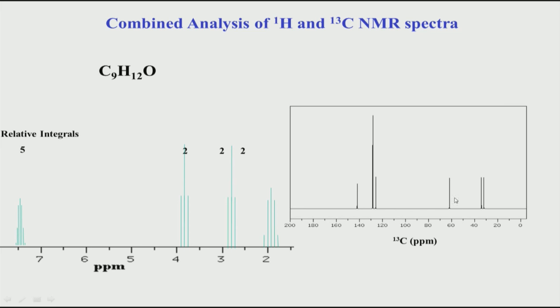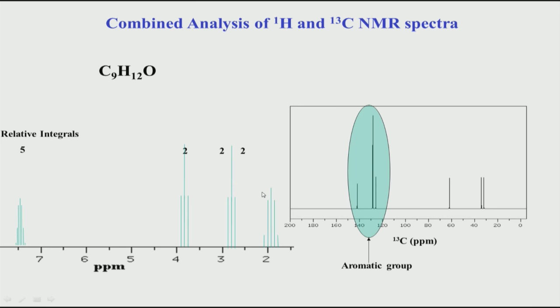Similarly, here also this peak which is between 60 to 70 is again a CHO kind of moiety in the molecule, and this quartet and triplet could be an ethyl group CH3 CH2. So, the CH2 will be a quartet and CH3 will be a triplet.